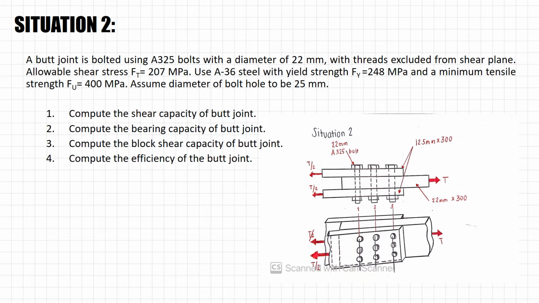Assume diameter of bolt hole to be 25 mm. So, number 1, compute the shear capacity of butt joint. Number 2, compute the bearing capacity of butt joint. Number 3, compute the block shear capacity of butt joint. Number 4, compute the efficiency of the butt joint.